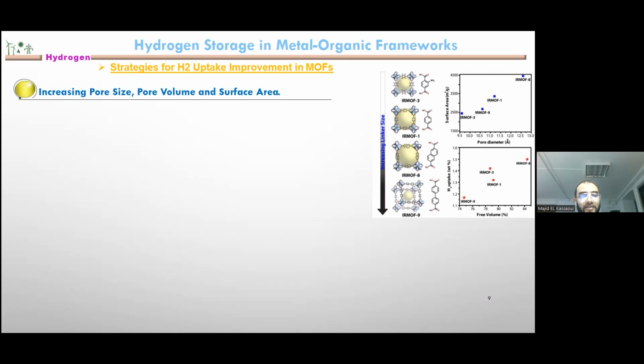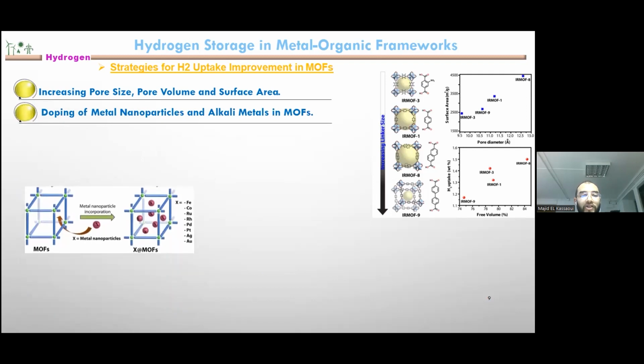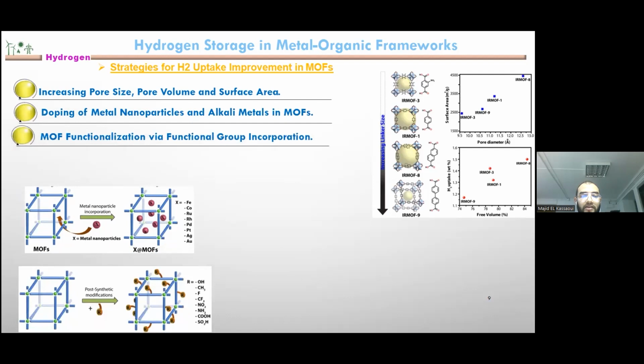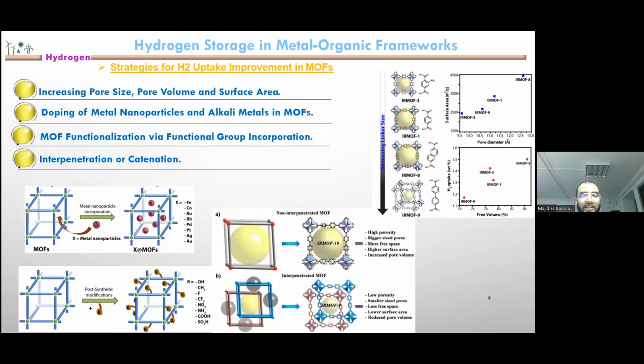The first one is increasing the porosity, I mean the size or the volume and the specific surface. The second one is the doping of metal nanoparticles and alkaline metals. And the third one is functionalizing the organic linker, and after that, interpenetration or catenation. And the last one is to create strong absorption sites.